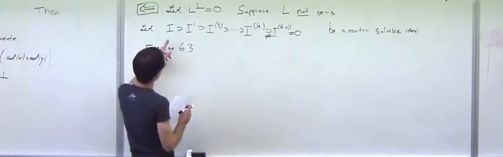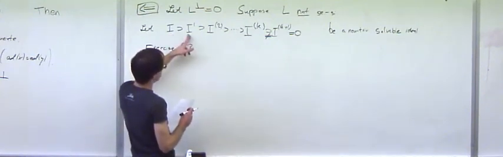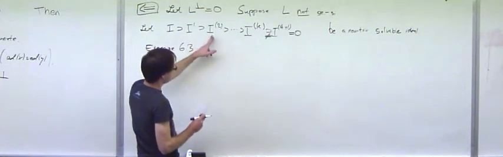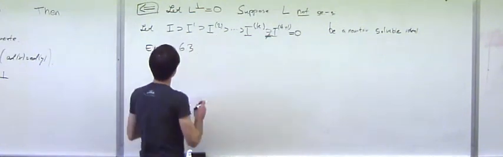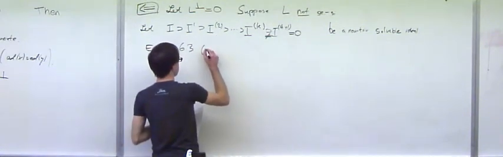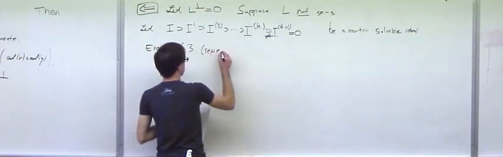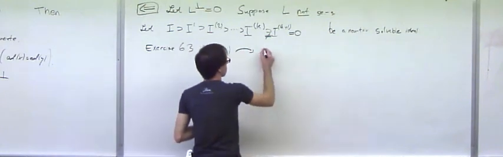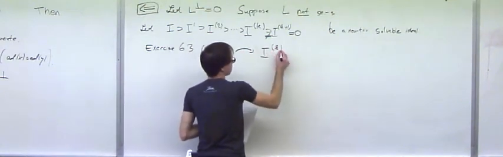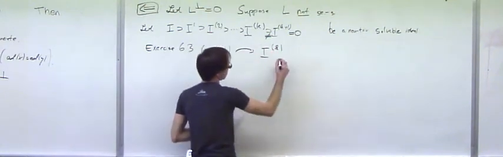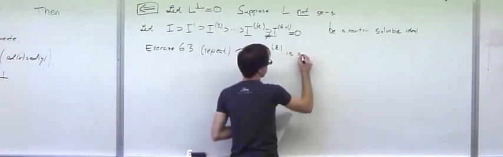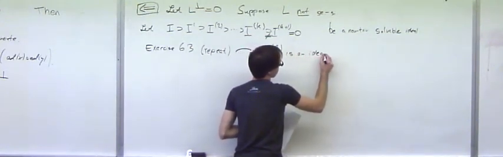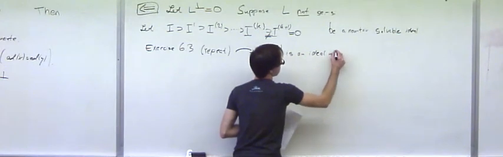And so by applying this, I is an ideal, so I prime is an ideal, then we apply it again, so I2 is an ideal, and so on. So we apply this repeatedly. So we conclude that I^k is an ideal in the Lie algebra.